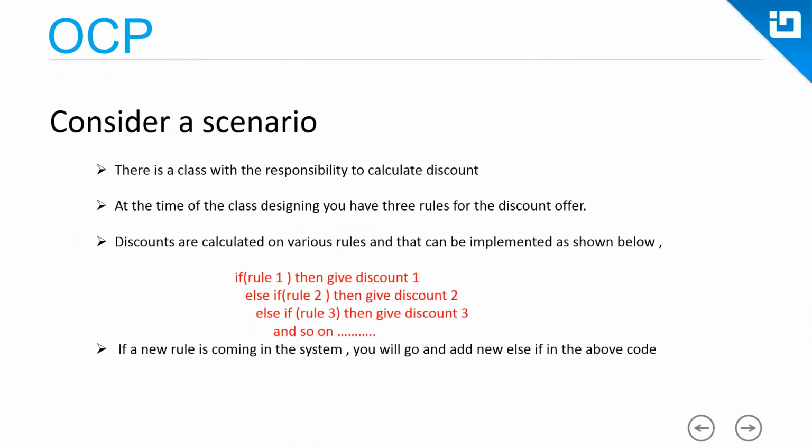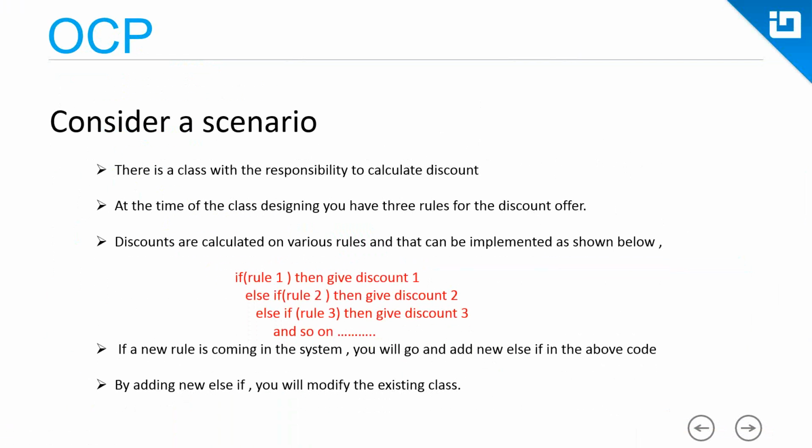Oh, great. So if a new rule is coming in the system, you will go and add a new else if in the above code. By adding a new else if, you will modify the existing class. So try to understand it, guys. If you are calculating the discount inside an if else statement and a new rule comes to the system, you are going to modify the existing class.